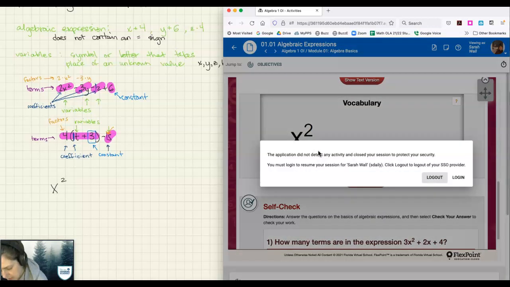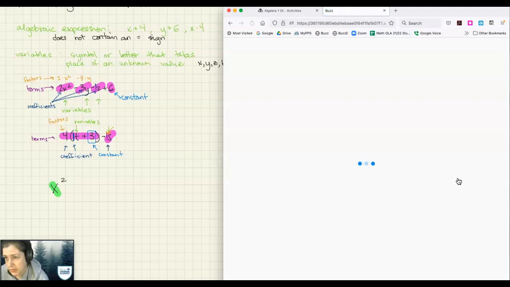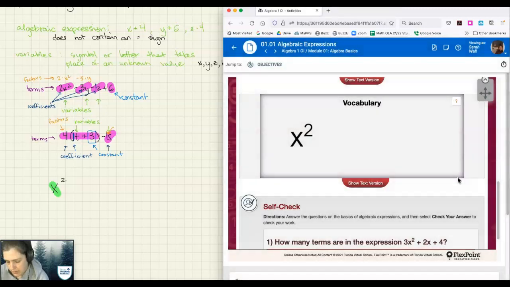And so it's important. Let's hope it goes back to the same page. Okay. So it's important for you to write down what the vocabulary means if it's not something that you already know.